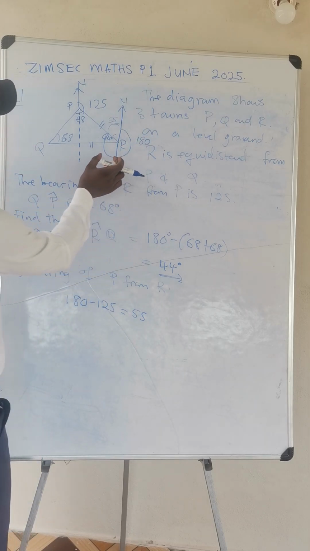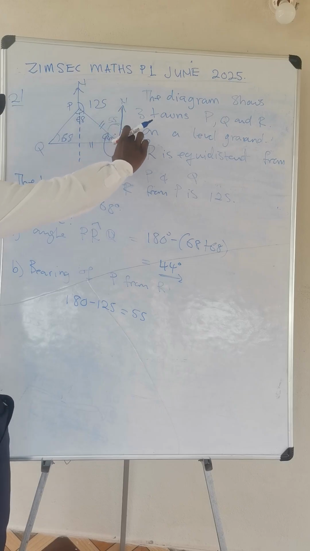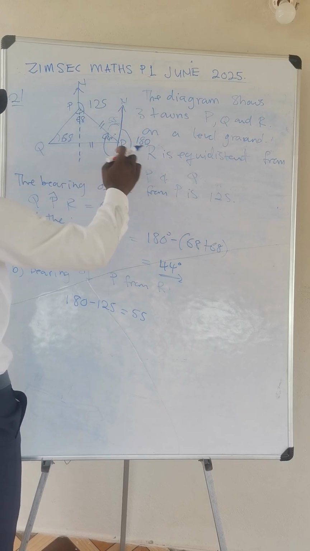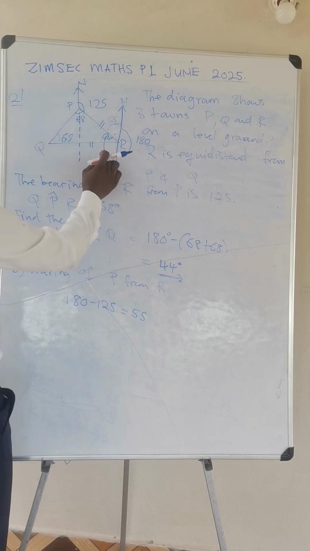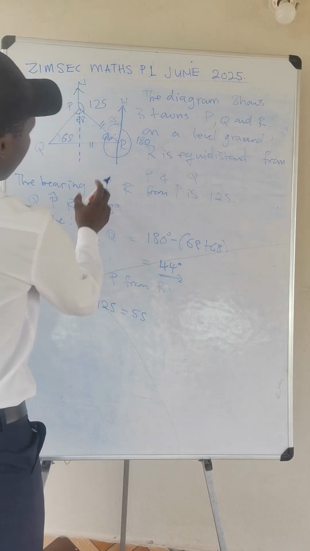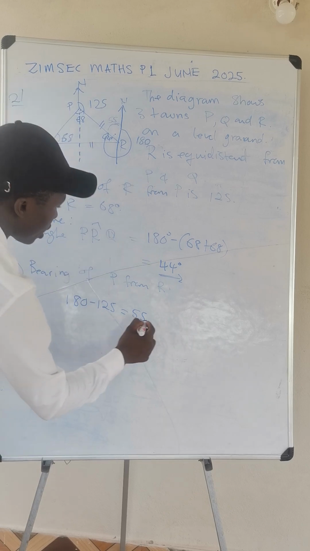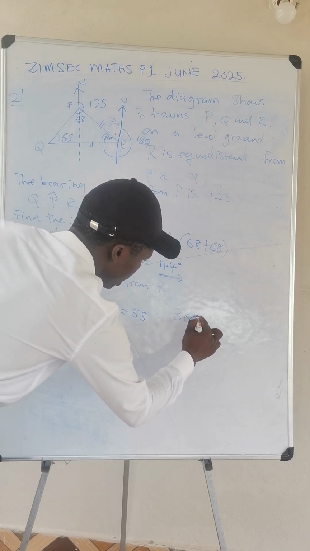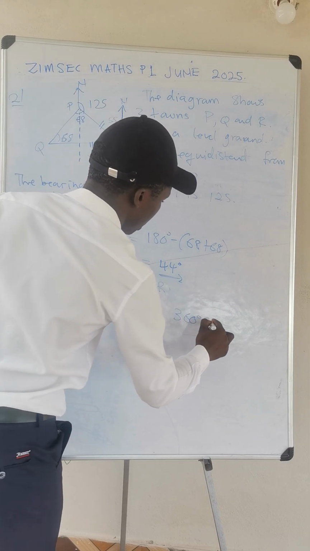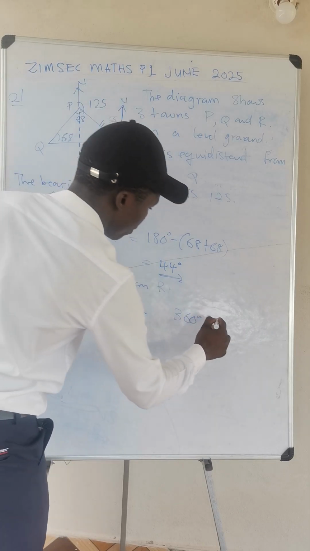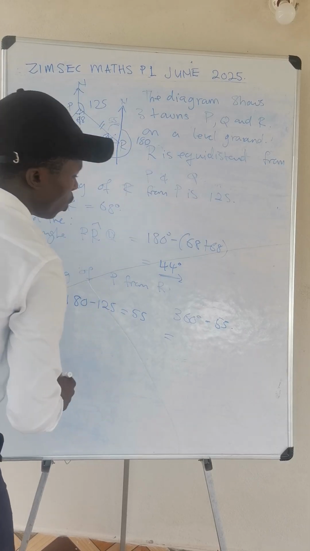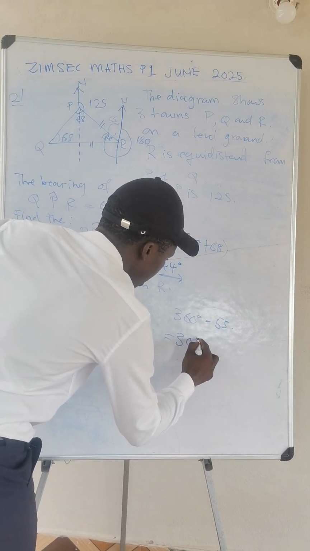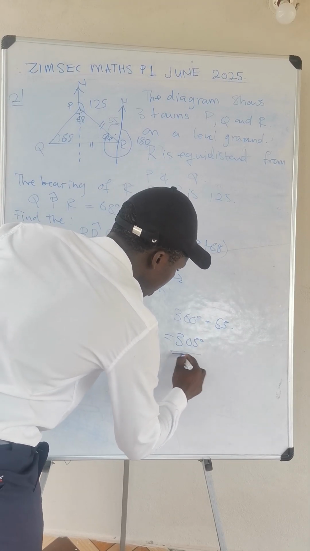So here we subtract this 55 from this whole, so that we can get the bearing of P from R. So we say 360 degrees minus this 55 degrees. Then we get 305 degrees.